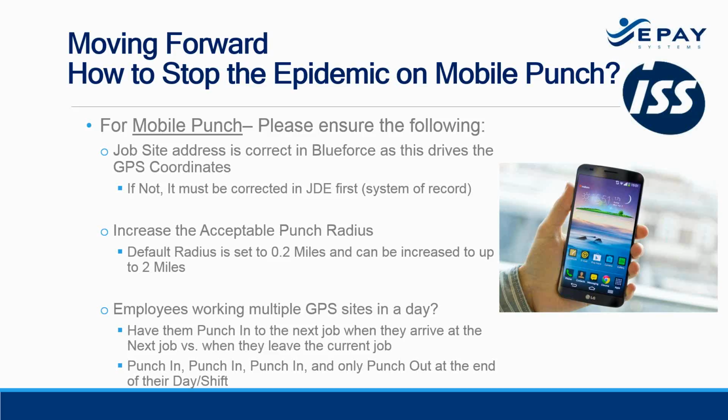When they get to job B, job A is closed, and now job B's time is on the meter. When they get to job C, they punch in again, and then job B is closed and job C is on the meter, and so on, until the end of the day or shift, when they use the option to punch out. That will save a lot of time and a lot of headache by having the employees simply punch in from site to site. And that works tremendously on the Mobile Punch app.